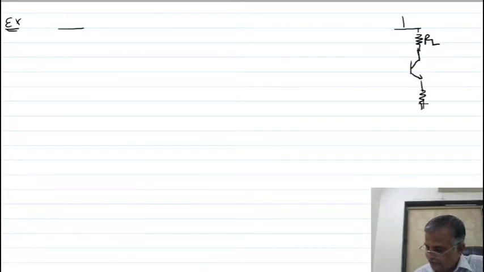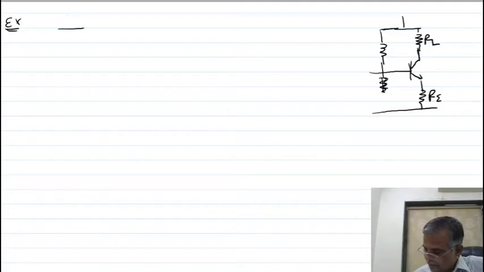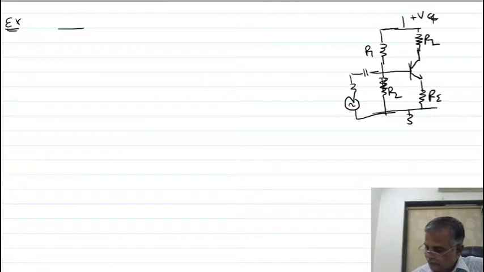This is RE. This is R1. This is R2. This is a circuit diagram of your current series amplifier.